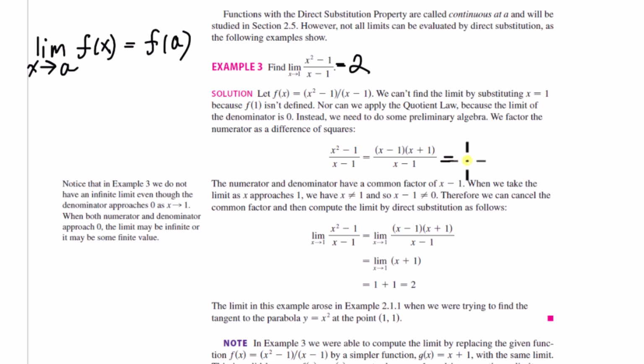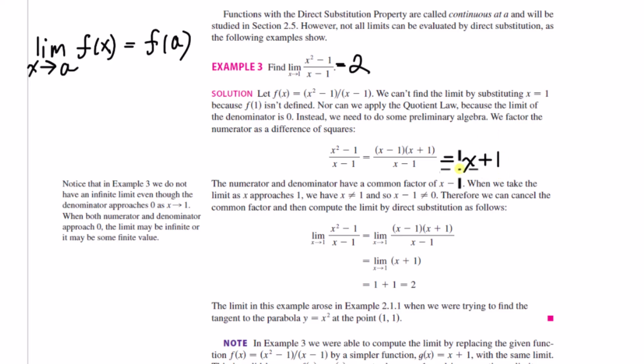And we know from algebra, if we were going to graph this, then when we simplify, what that's telling us is that this is actually equivalent to x plus 1. These two graphs are going to be the same. The only difference is that we can't plug in x is equal to 1 into this function.